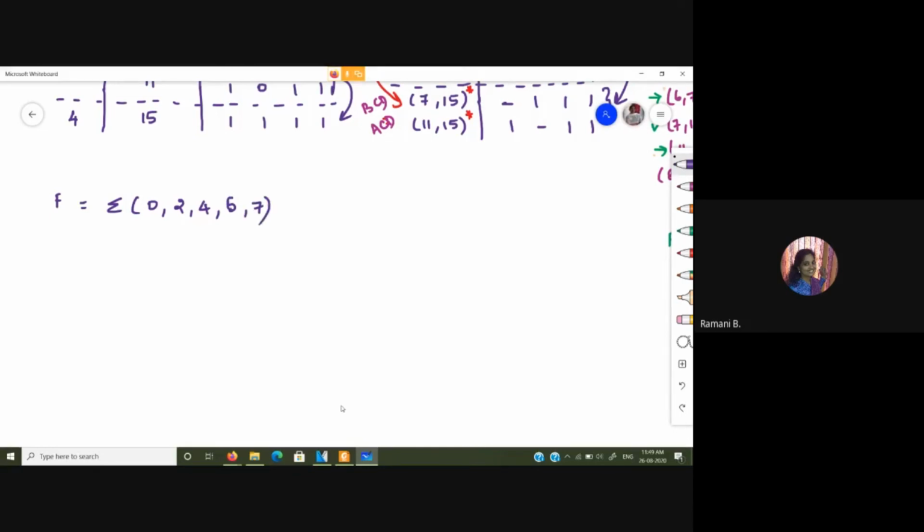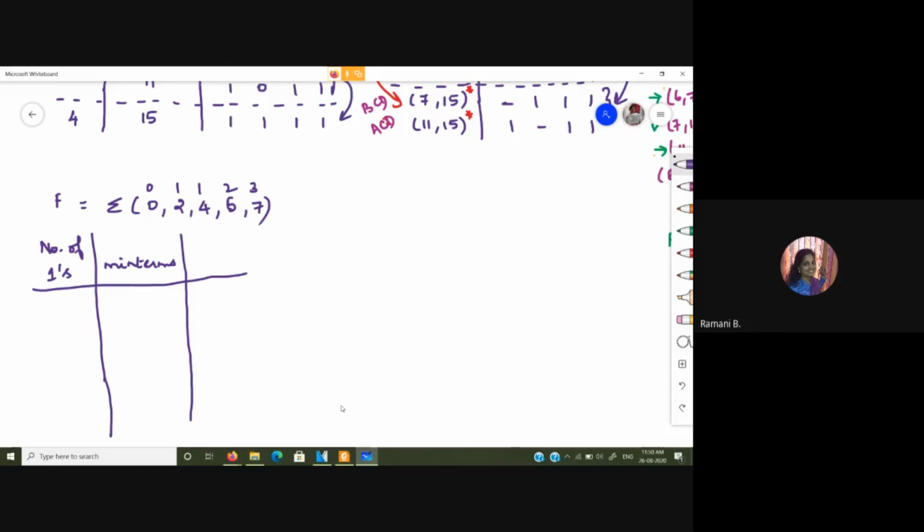Here, 0 has 0 number of ones, 2 and 4 have 1 number of one, 6 has 2 number of ones, and 7 has 3 number of ones. So the number of ones, the minterms, and the variables x, y, and z.